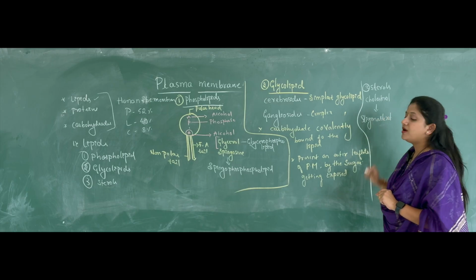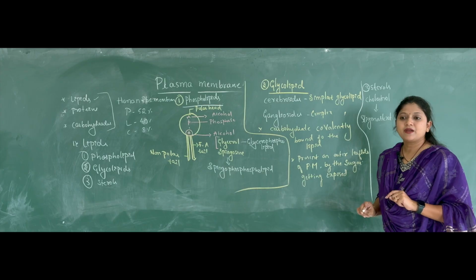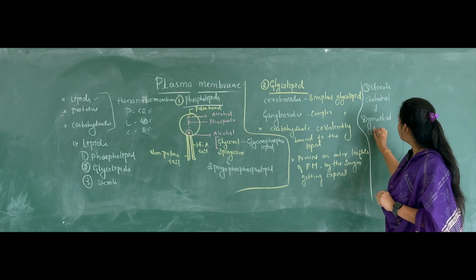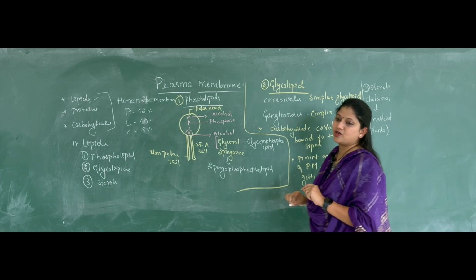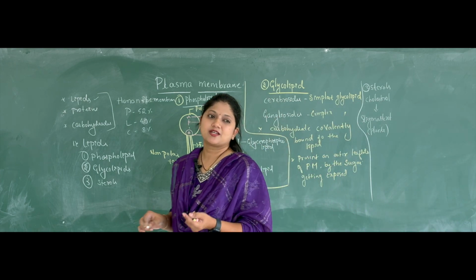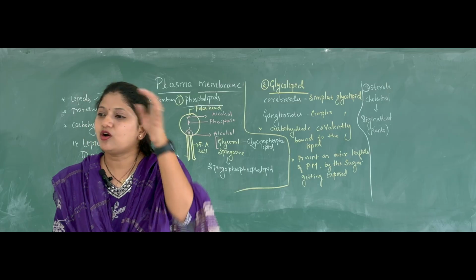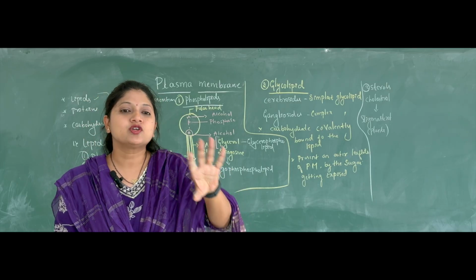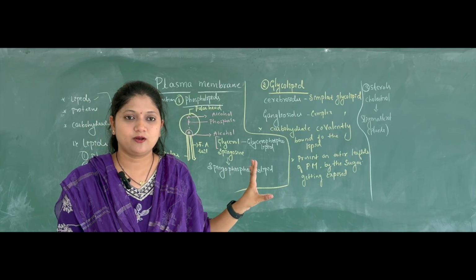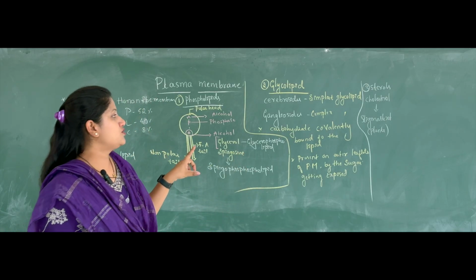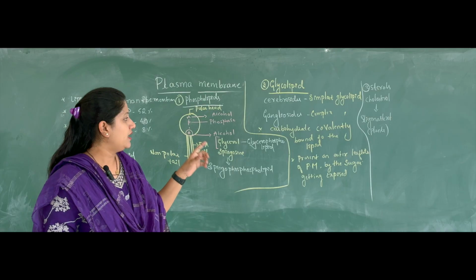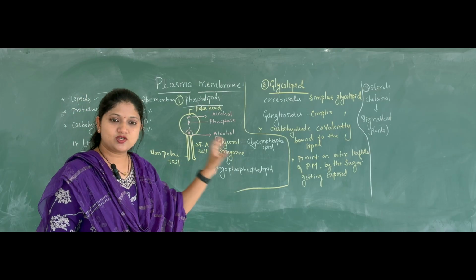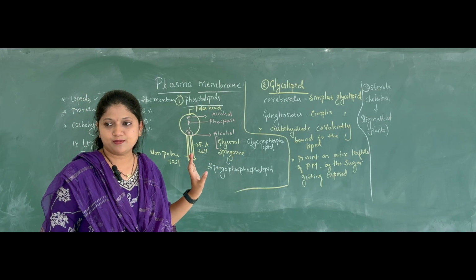There is stigmasterol present in the plasma membranes of the plants. Majorly it is the stigmasterol. However, apart from the stigmasterol, there are other sterols also which are present, but the major component is the stigmasterol. Okay, so cholesterol is present in the animal cells and absent in the plant cells, and in the plant cells, instead of the cholesterol, stigmasterol is present.